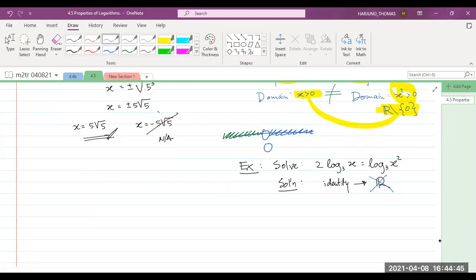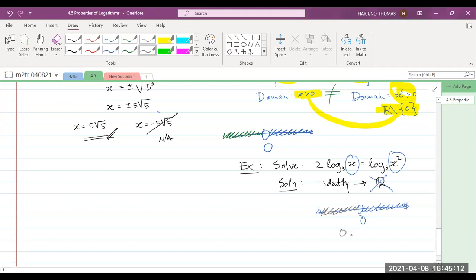The solution will be all real numbers that satisfy the domain. Imagine all real numbers, but it has to satisfy that x is greater than 0, and it also has to satisfy the other domain, but the intersection of those two domains is 0 to infinity. That's the solution.